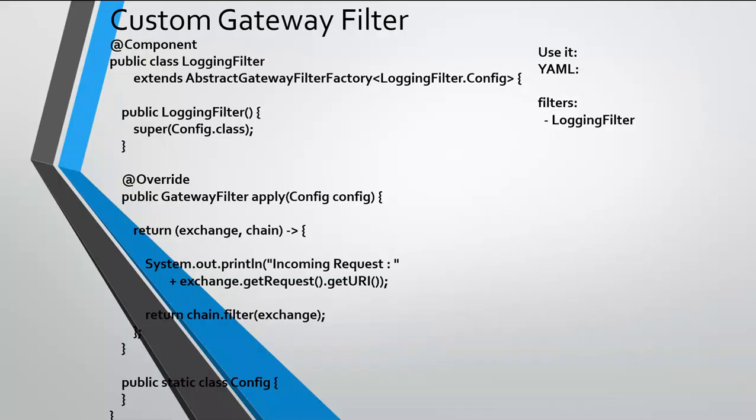It will return the chain filter action. This is the sample one only, and to use it, the YML file will be like this. We have to mention the filters, logging filter, to activate this filter. We have to mention the filters column below that in the YML file.